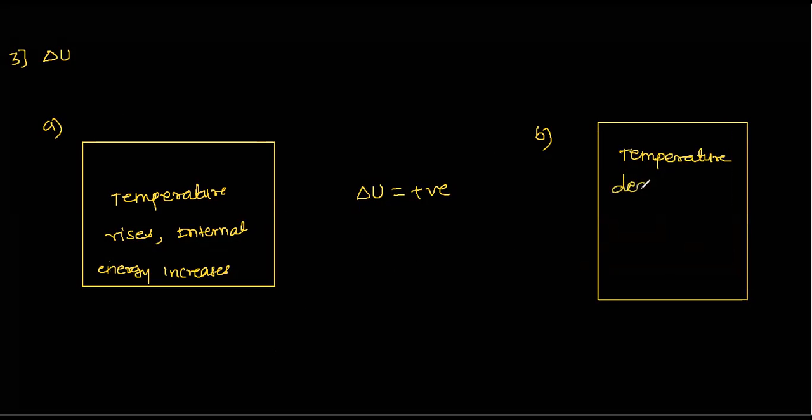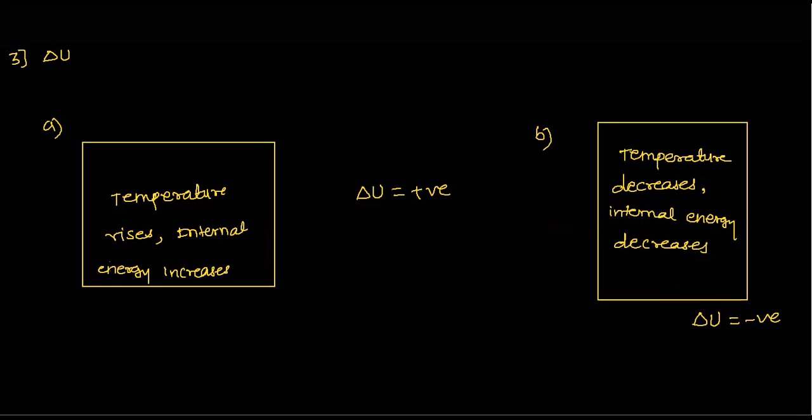Then internal energy decreases, है ना? Temperature decreases, internal energy also decreases. Then for this, delta U is equal to negative, है ना?